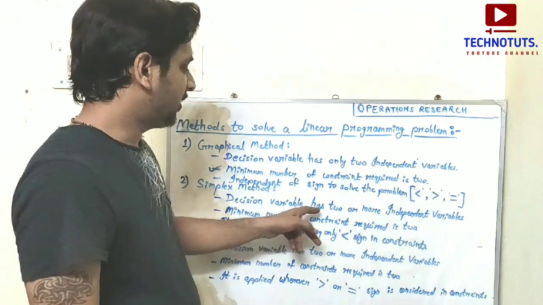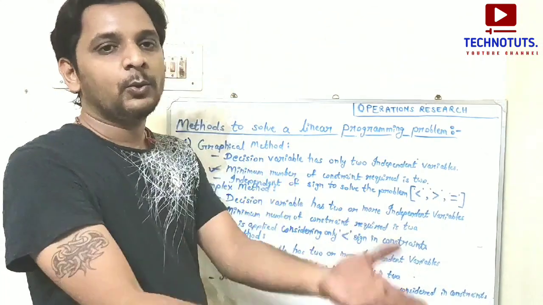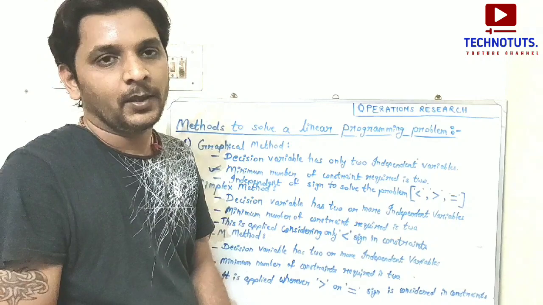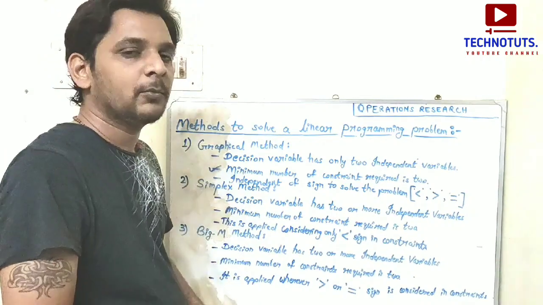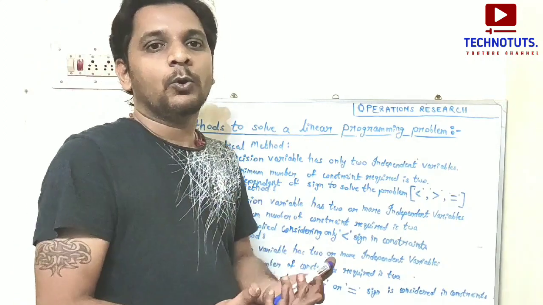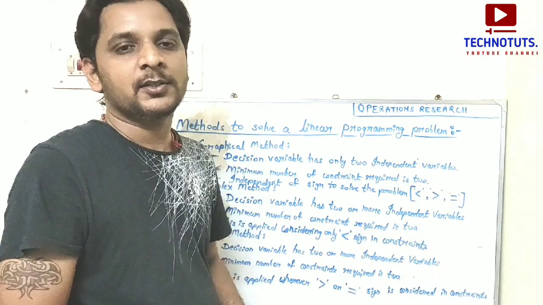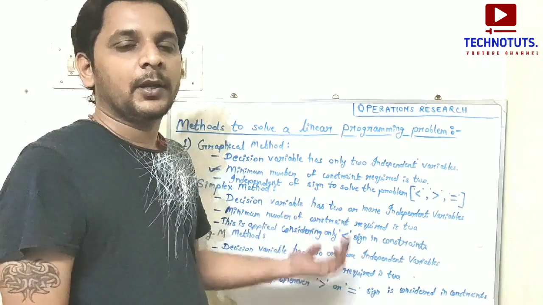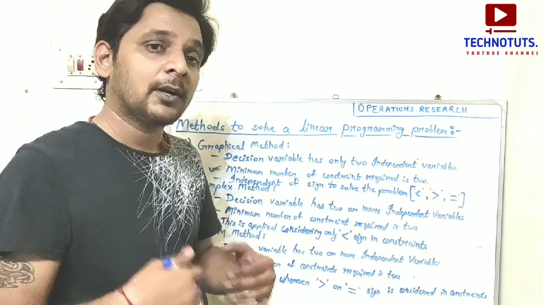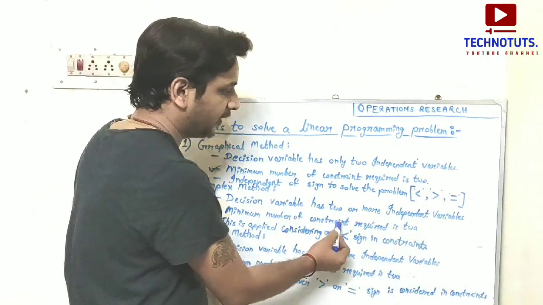In the simplex method, the decision variables can be two or more than two independent variables. Whenever two or more than two independent variables occur in constraints or equations, you can apply the simplex method. But what are the other conditions? The minimum number of constraints required is 2.